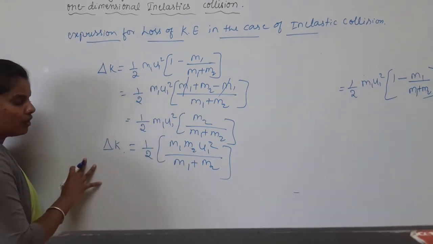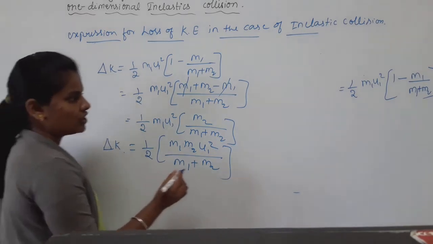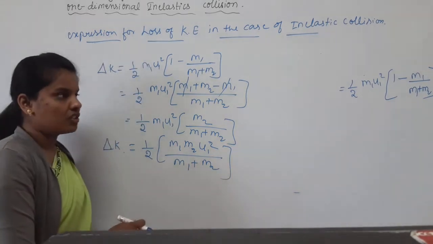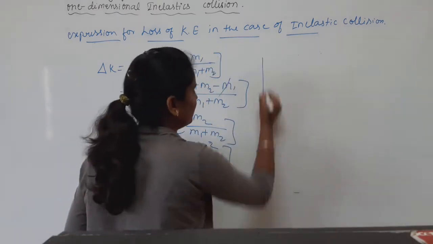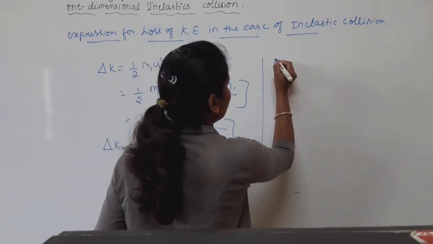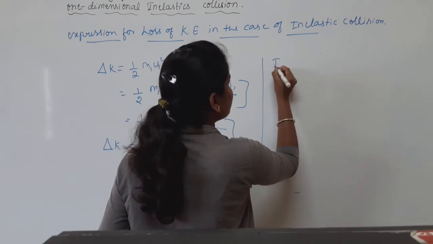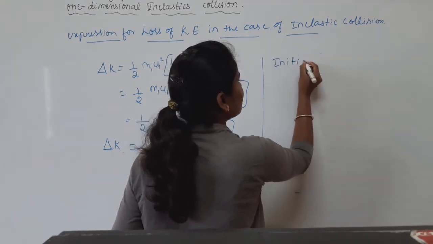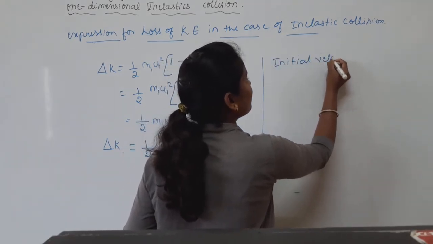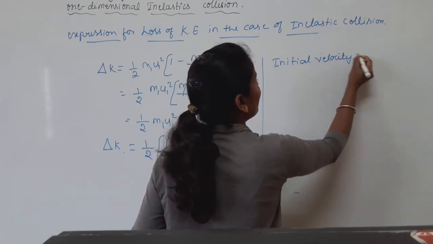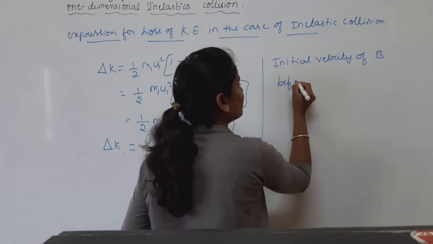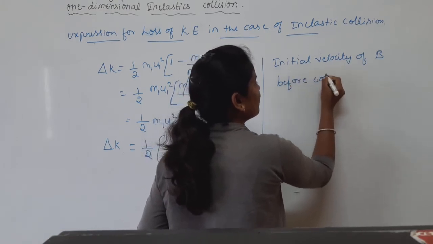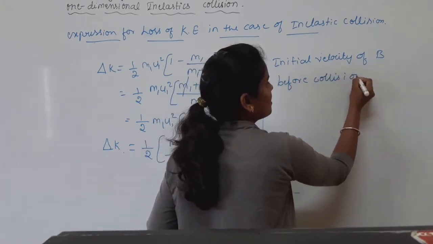So before collision, B remains constant. The initial velocity of B before collision is u2.